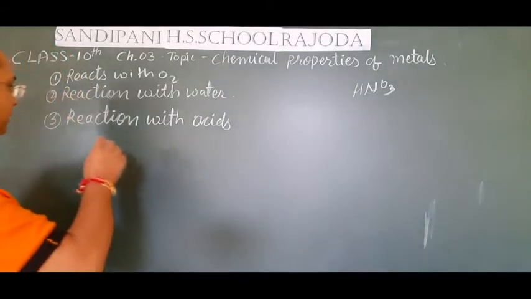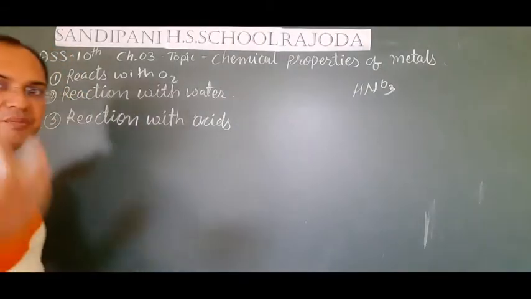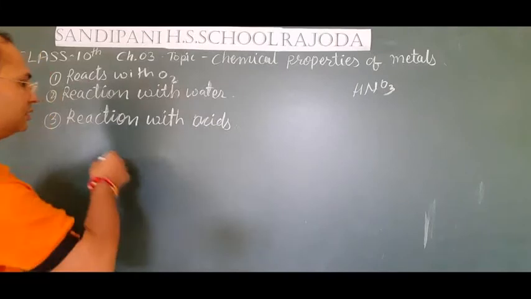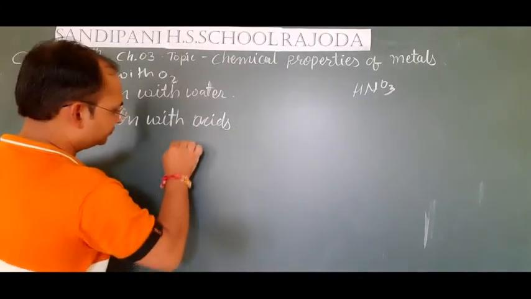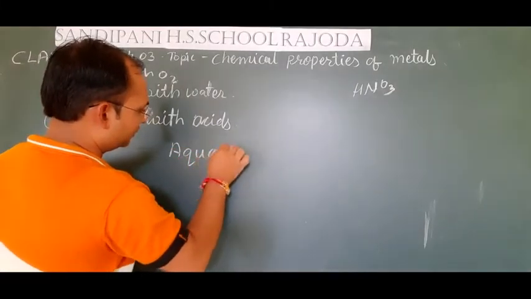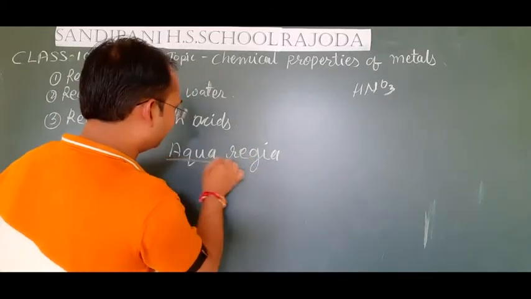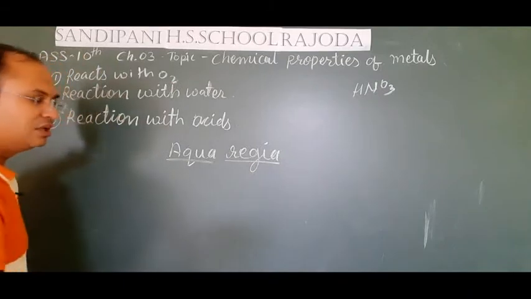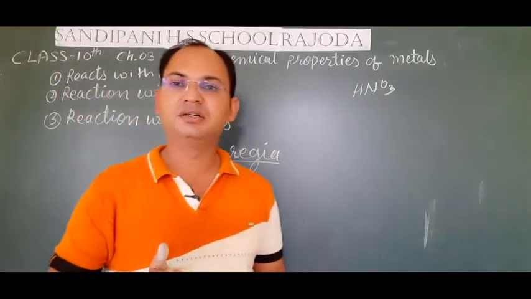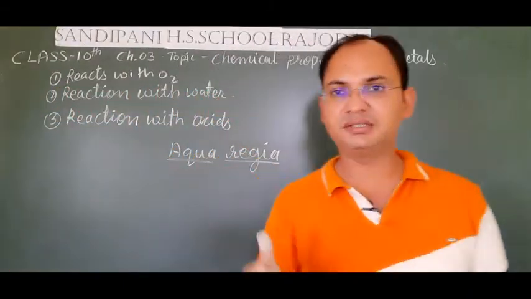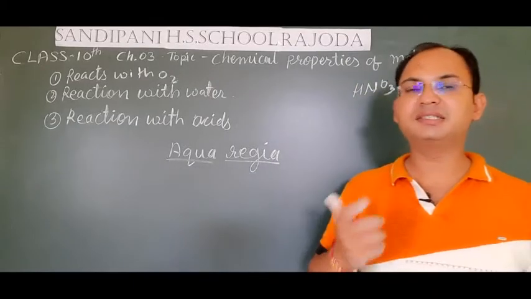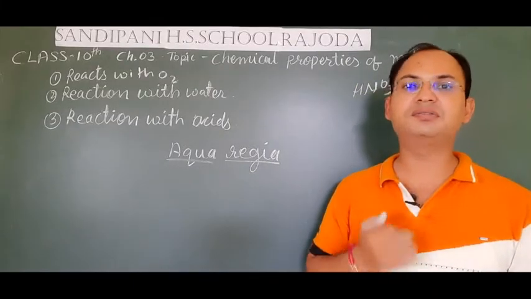But there is a special combination of acids, we call it aqua regia. Aqua regia is, students, actually not a single acid, but a combination of acids. Normally, acids that we use are mainly of two types.